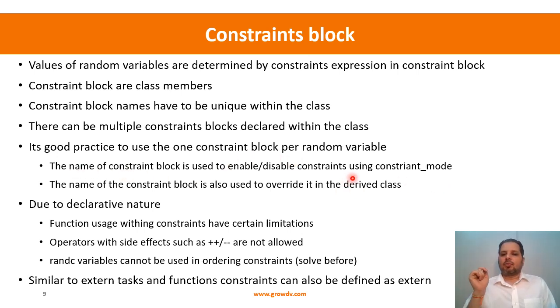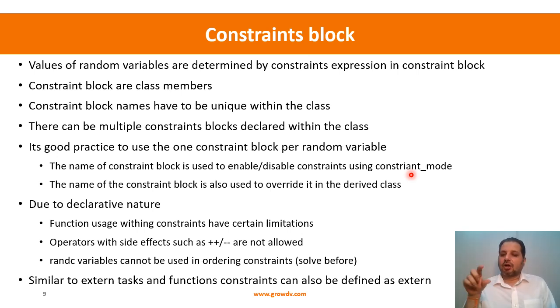As we talked about, if I want to use a constraint mode on a particular constraint, and you have multiple variables, generally you want to control one particular variable. So let's say I don't want randomization on address, or I don't want randomization on delay. I should not say that; I should say I want to control the randomization on that particular variable.